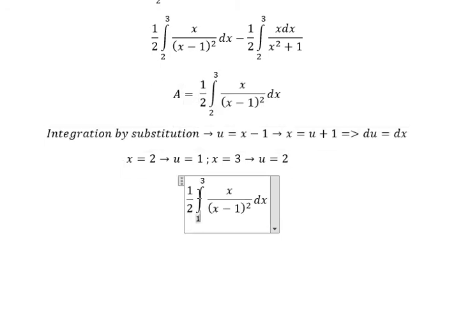So we change this one 1, 2, x is about u plus 1, x minus 1 we change for u, dx we change for du, and now we can get the answer in here.